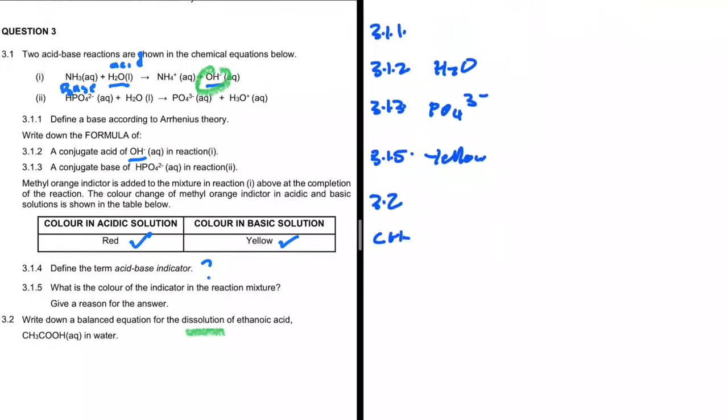CH3COOH plus H2O. We know fully well that this is ethanoic acid. Because it is an acid, it should donate a proton, and then H2O must act as a base. It must accept that proton.